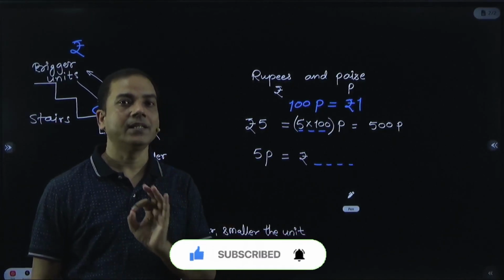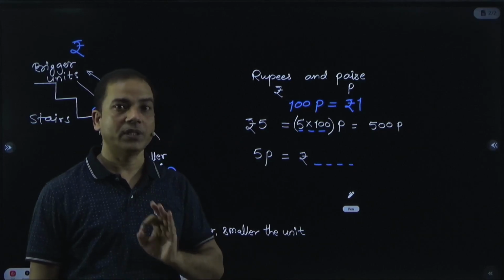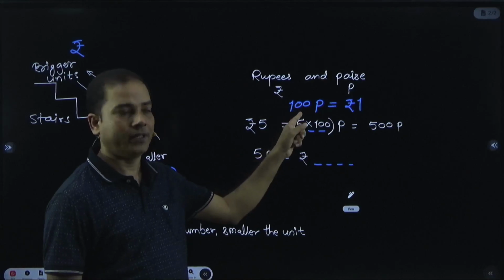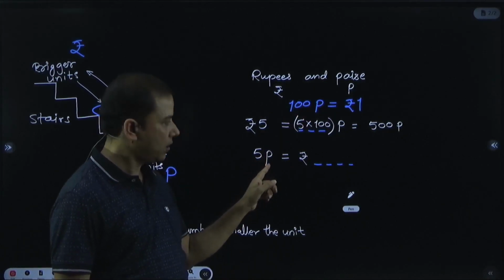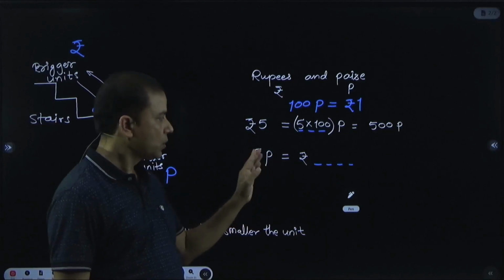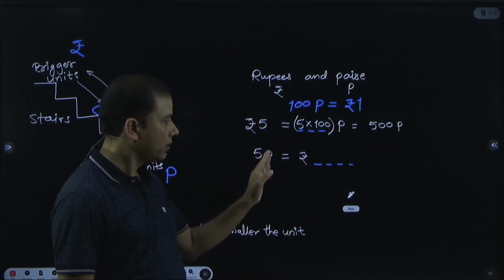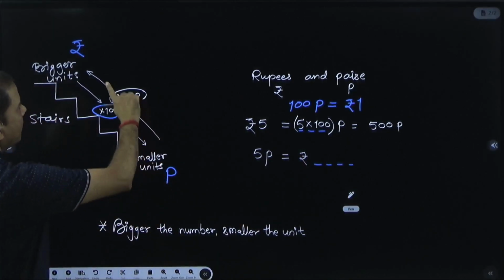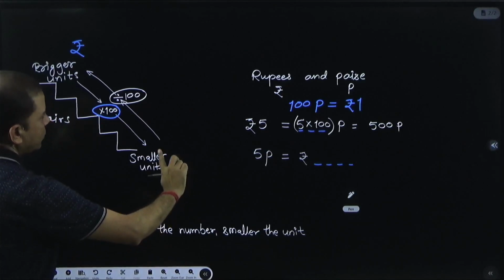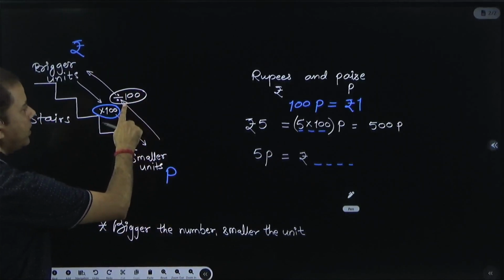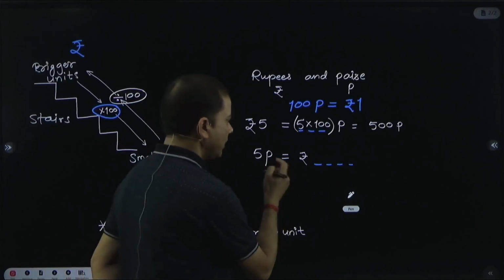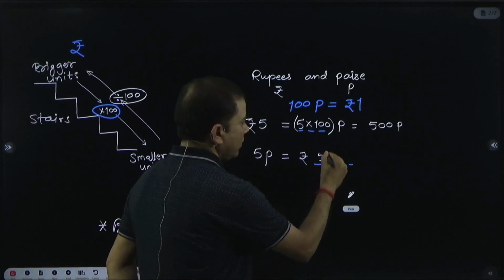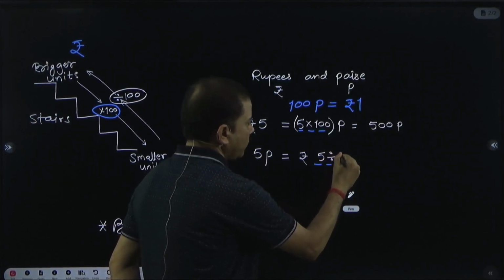So it's a very easy trick to identify which unit is smaller. Paise is smaller because number is bigger here, right? So paise is smaller means rupees is bigger. So we are changing smaller to bigger, down to up. We divide by 100. So the number already available is 5, and that 5 will be divided by 100.